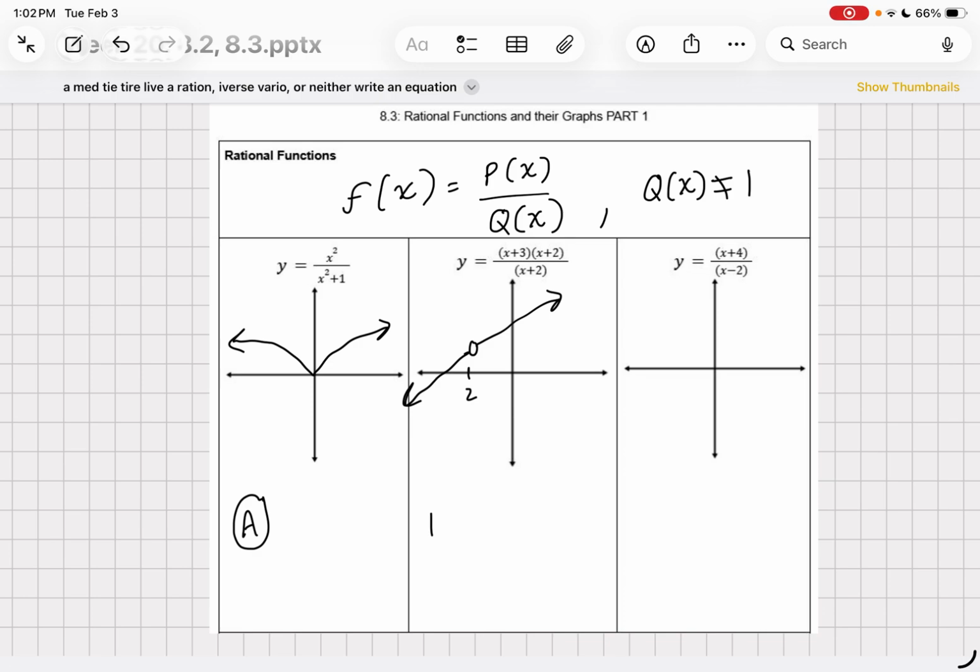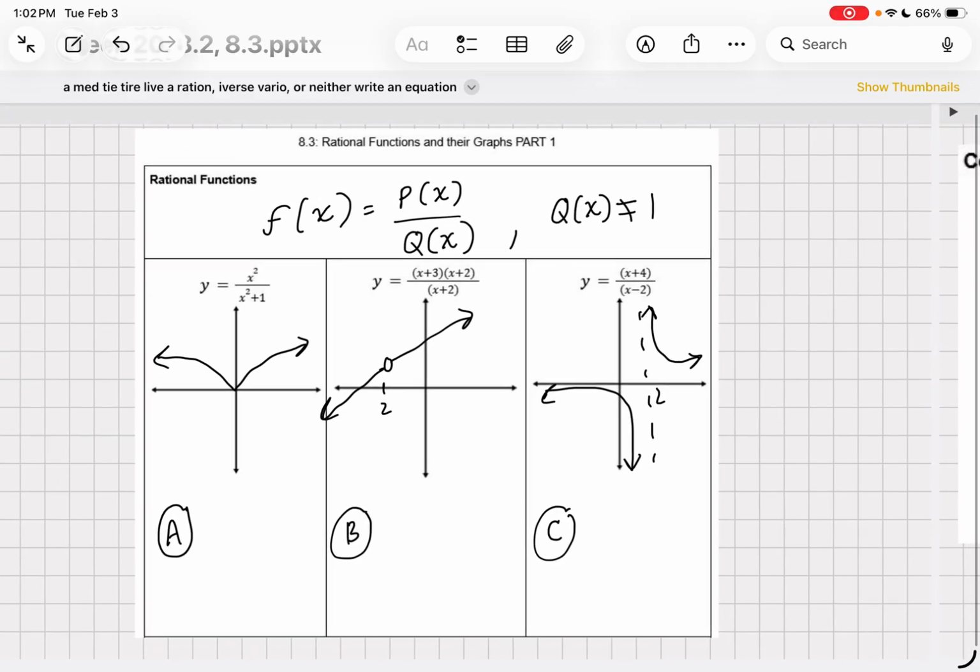We'll get into why that's happening in a minute. I'm going to call that graph B. And then this last graph is going to look like the rational functions that we've studied before with an asymptote at 2. I'm going to call that graph C.